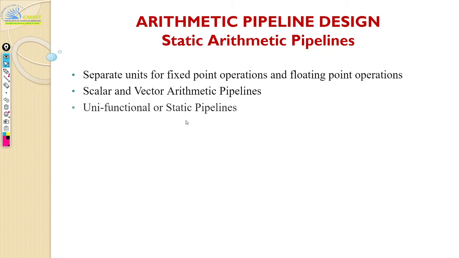Okay. And it can be unifunctional or static pipelines, or it could be dynamic as well. Okay. And this is what we are going to focus on, the arithmetic pipeline stages.